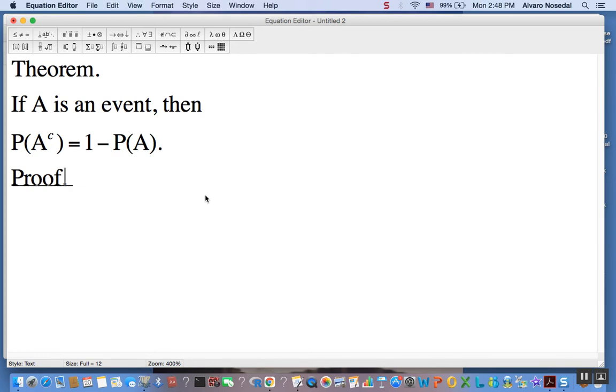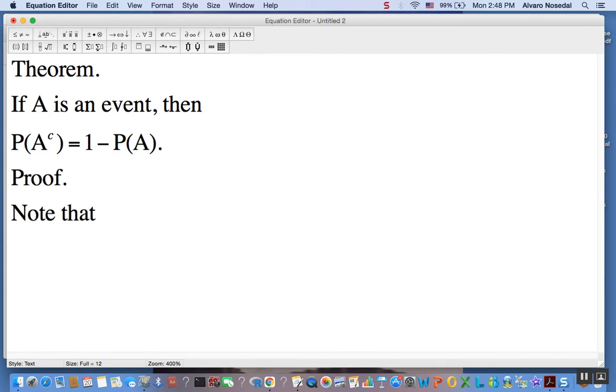So if A is any event, then the probability of its complement is given by the following: 1 minus the probability of A. So first, we're going to make an important observation here.